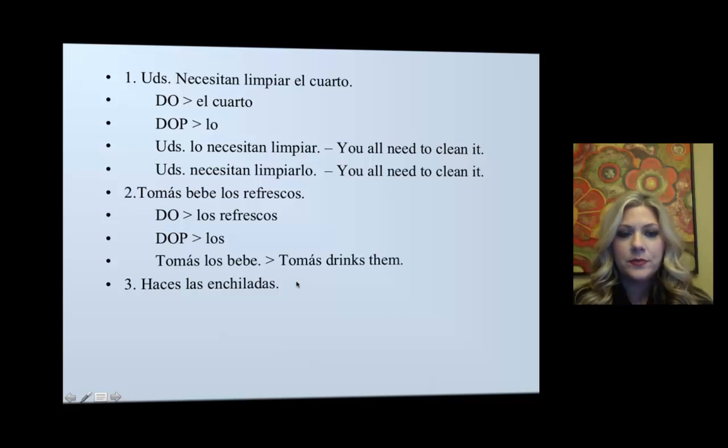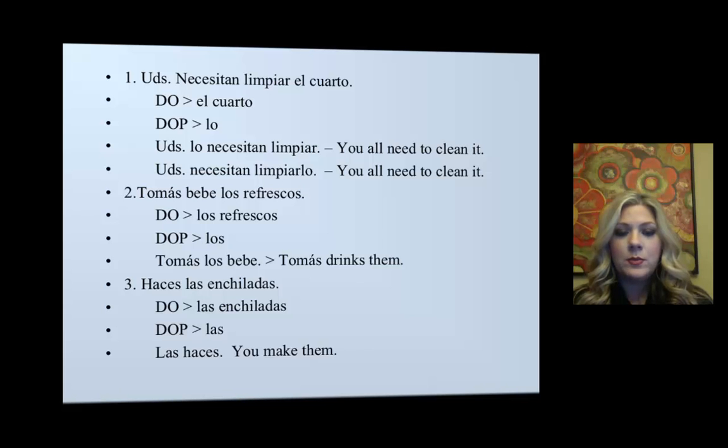Tomás drinks them. Número 3, haces las enchiladas. You're making enchiladas. You're making what? Enchiladas. You're making them. Instead of las enchiladas, we use las. And then when we put it in our sentence, it goes before the conjugated verb. Las haces. You make them.